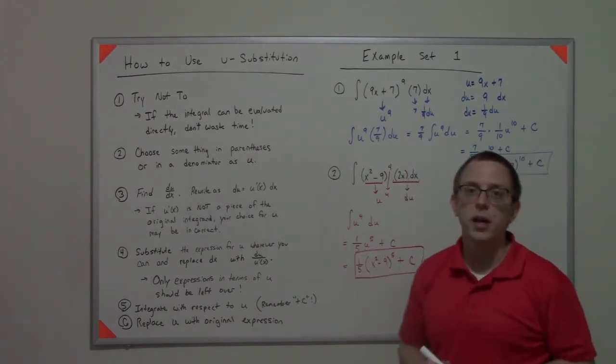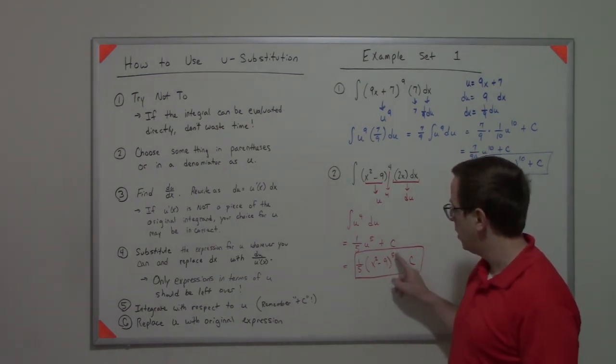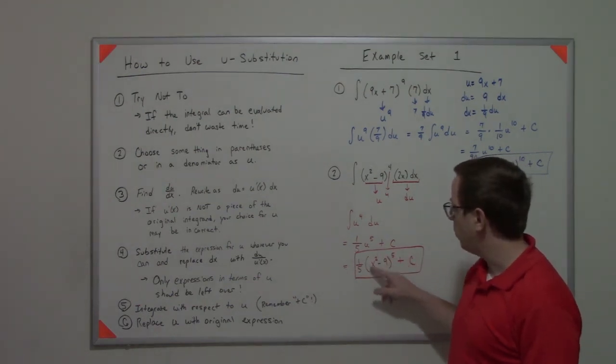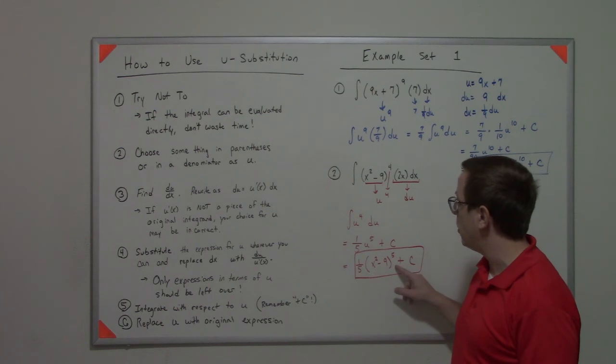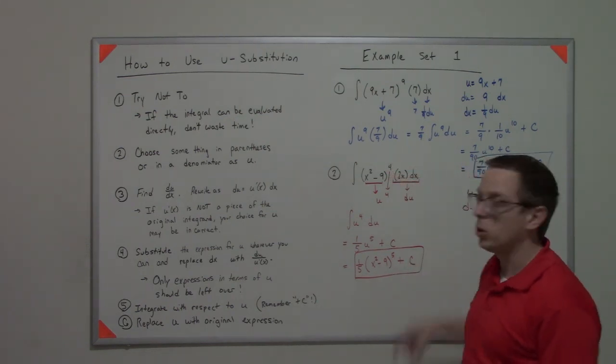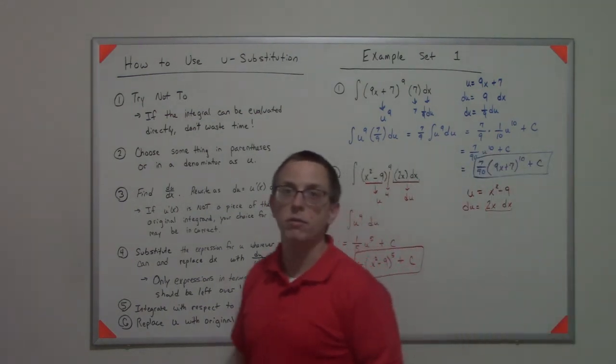And again, we could check that by the chain rule. We take the derivative, the 5 comes down and cancels, and then leaves us a 4 because we subtract 1 from the power. And then we take the derivative of the inside, which is a 2x. So that's that 4, 2x, and then the arbitrary constant's derivative is 0. So we feel reasonably confident that we have done this correctly.